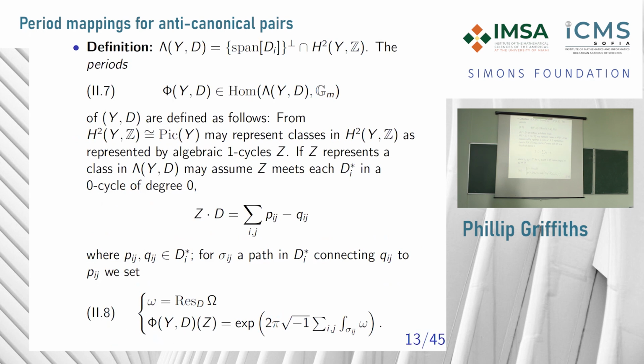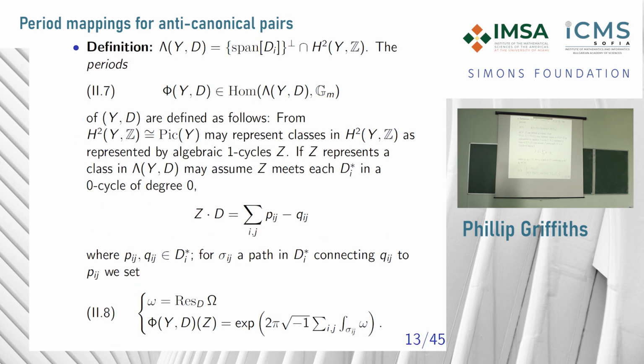If you take the span of the cycles, or the cohomology classes that are in the orthogonal relative to the intersection pairing of the span of the D_i's, then I'm going to define the period mapping by taking anything here to something in C star.